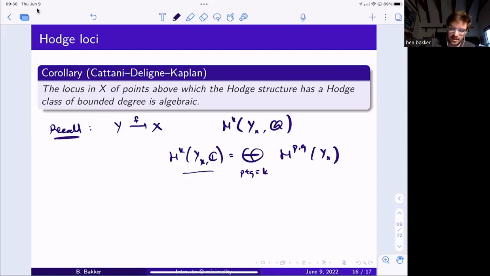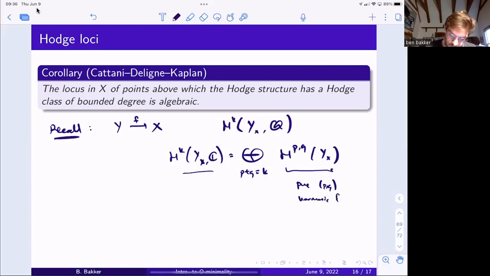And that's what gives this decomposition, because these are precisely the pure (p,q) type harmonic forms. That's the classical way of viewing this decomposition.